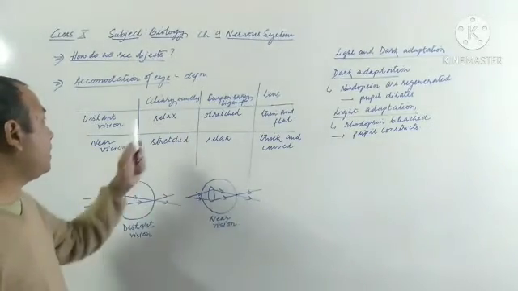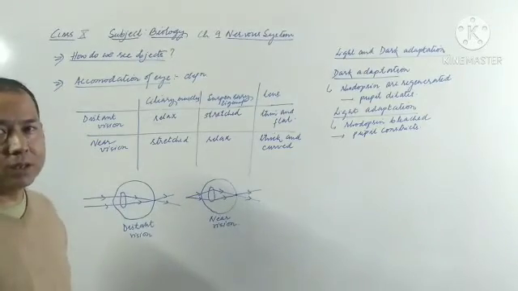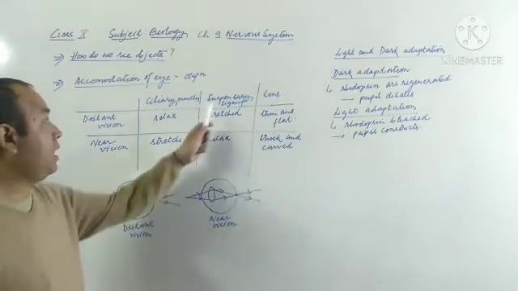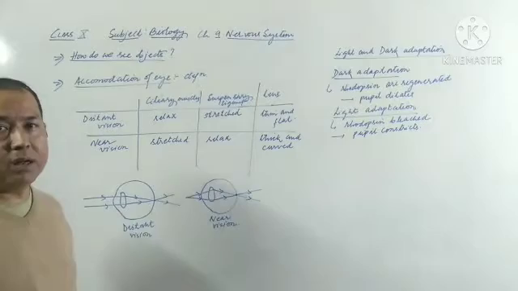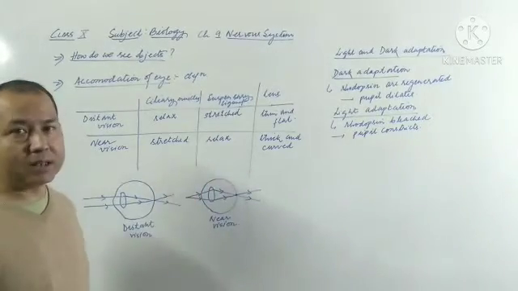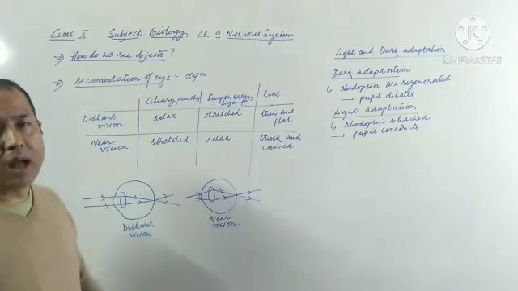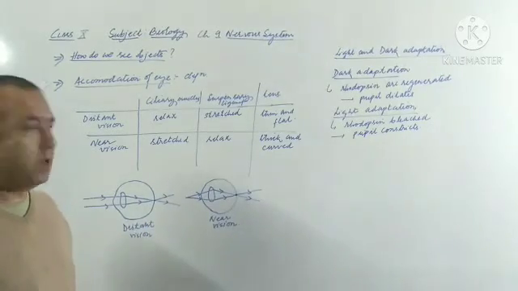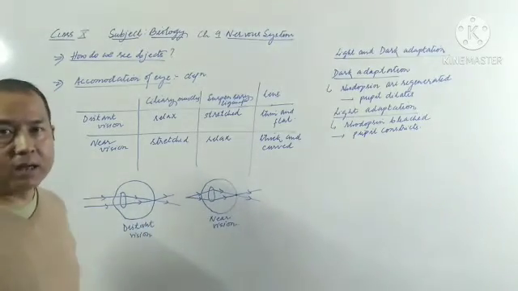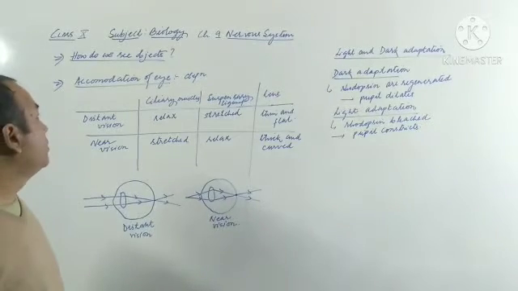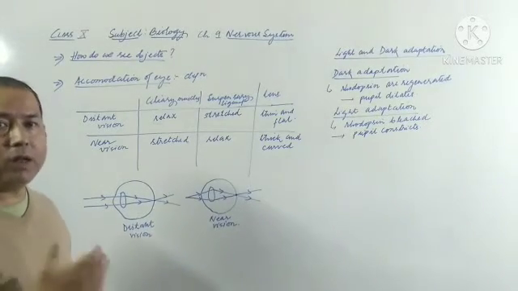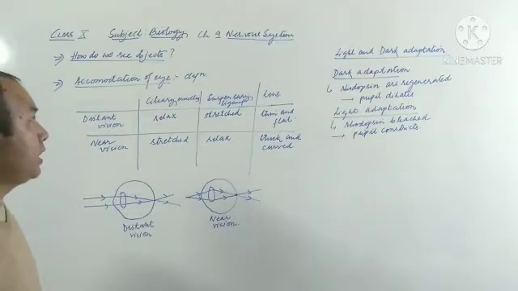In this case, the ciliary muscles get stretched, coming into tension, but the suspensory ligament remains relaxed. As a result, the lens becomes thick and more curved, and more bending of light takes place. This happens when we view the nearby object.